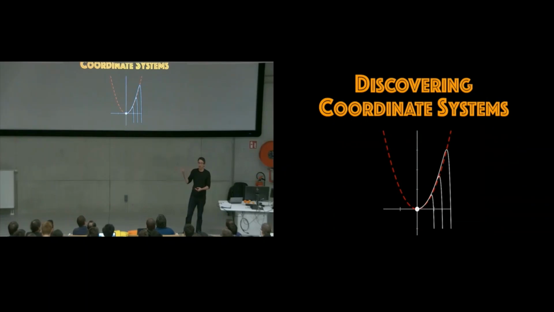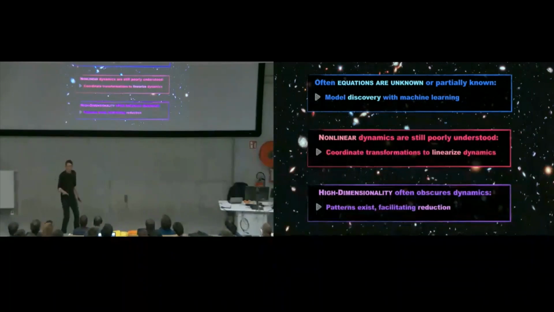Even in planetary dynamics and astrophysics, it took thousands of years for humans to discover the right coordinate system to describe the model for the motion of the planets. Okay, that was a coordinate system. And so that's what I'm going to talk about with respect to Koopman operator theory. This is a way of finding a coordinate system where your nonlinear dynamics becomes simple and linear. Does everyone follow? And again, please interrupt me if you have any questions.